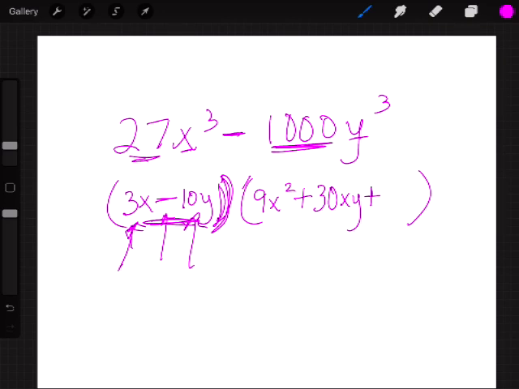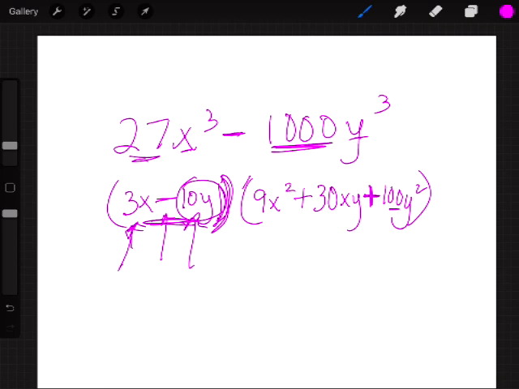Your last sign is always positive. I think I've said that, I don't know how many times. This sign right here is always positive. No matter what about anything else, it's always positive. And then to get this last term, you take the last term of your binomial and square it. 10 squared is 100. And then y squared goes there.